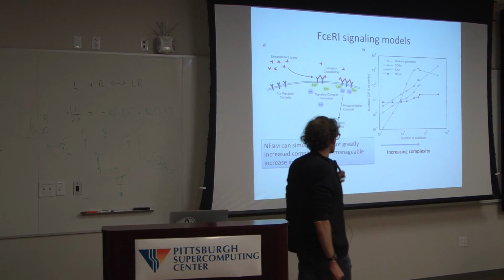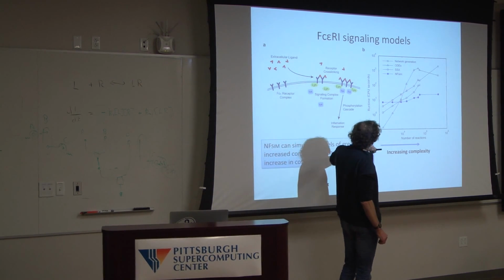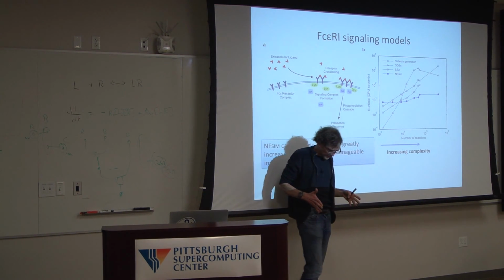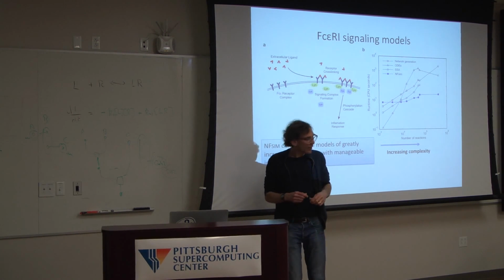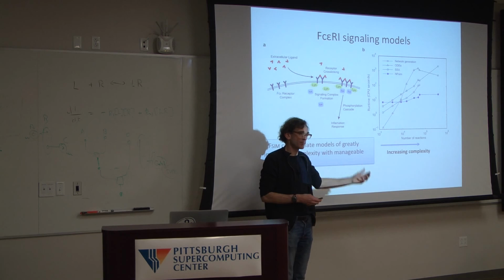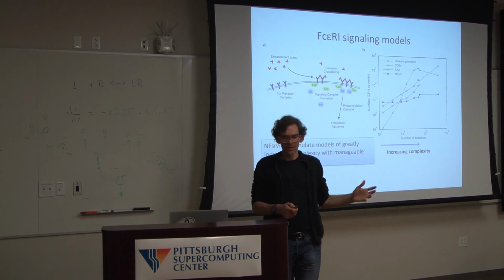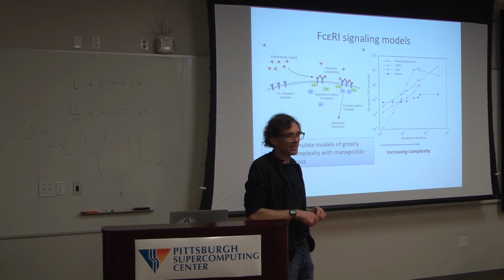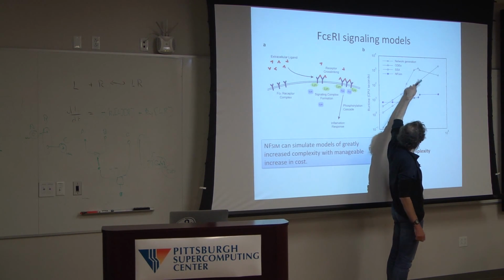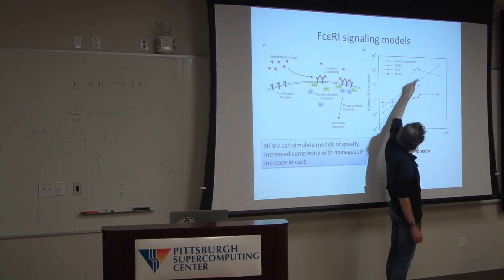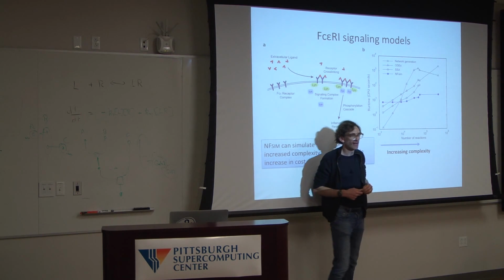Now, when we export a model from BioNetGen into MCell, we have to generate the network and export that as a reaction network into MCell. MCell can handle fairly large reaction networks, but it's going to start to choke somewhere out here. In this region, I think it's not going to be fun.